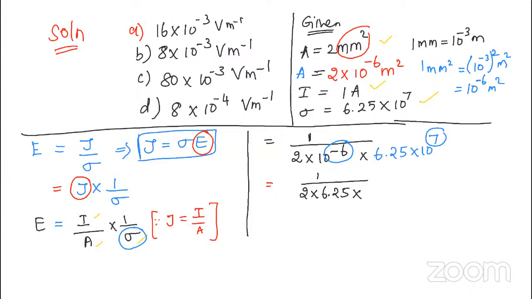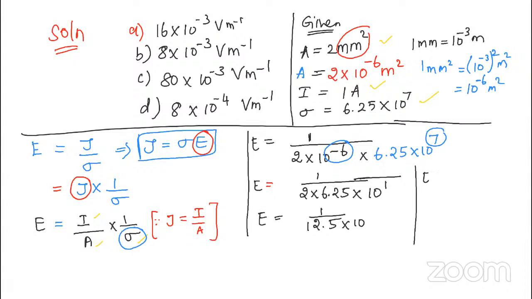So it is plus 1, that is 10 power 1. Then here you can multiply the values, that is 12.5 into 10. So these are all E values.